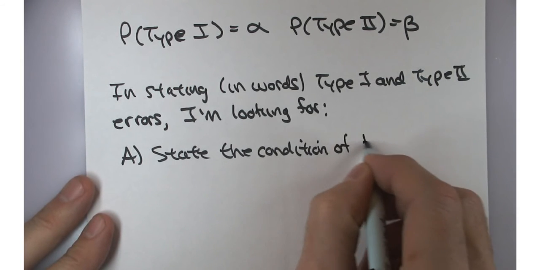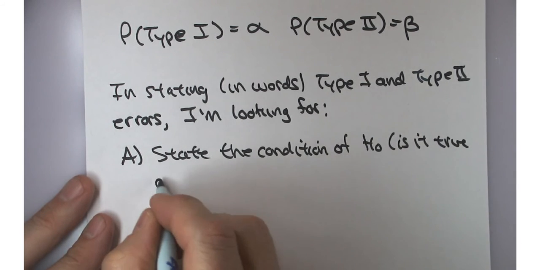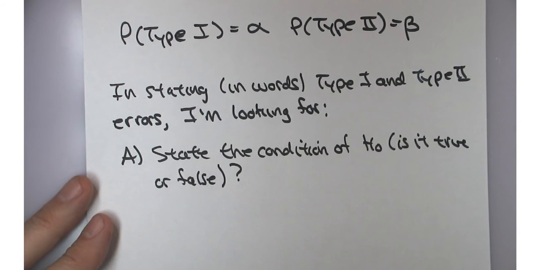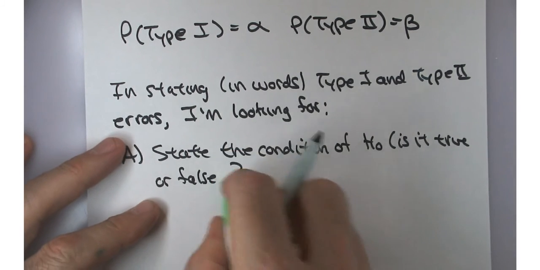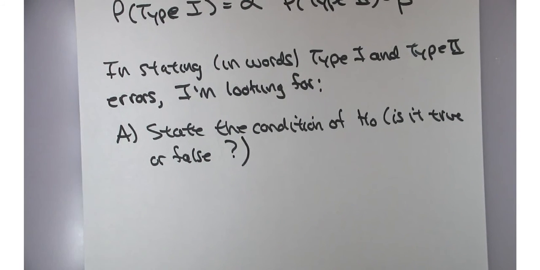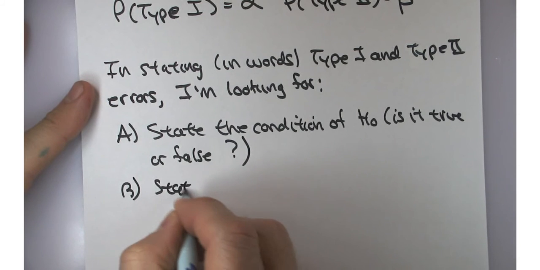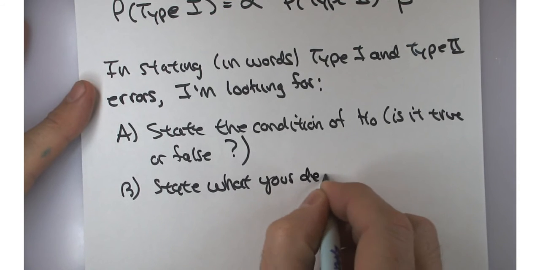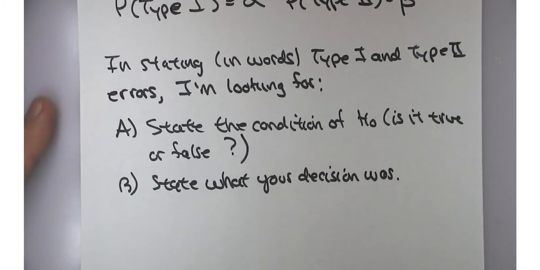And second, state what you decided, what your decision was. It's either reject H naught or fail to reject H naught, but I want you to state this in words.